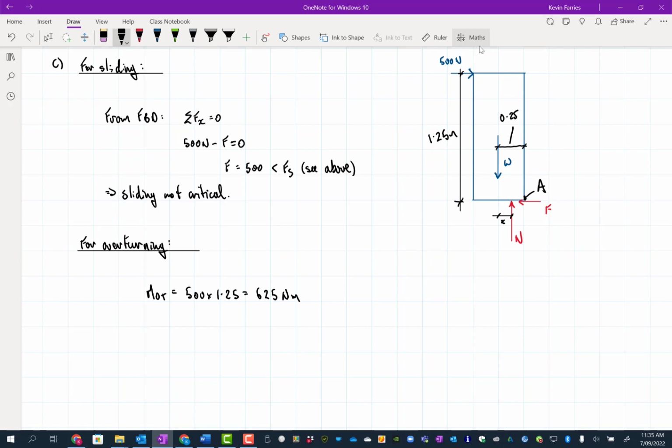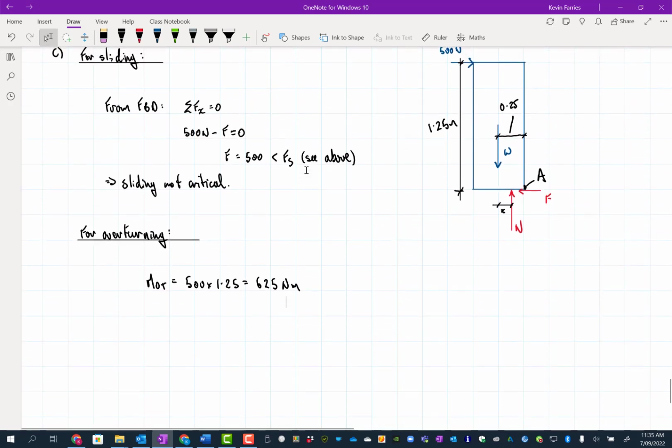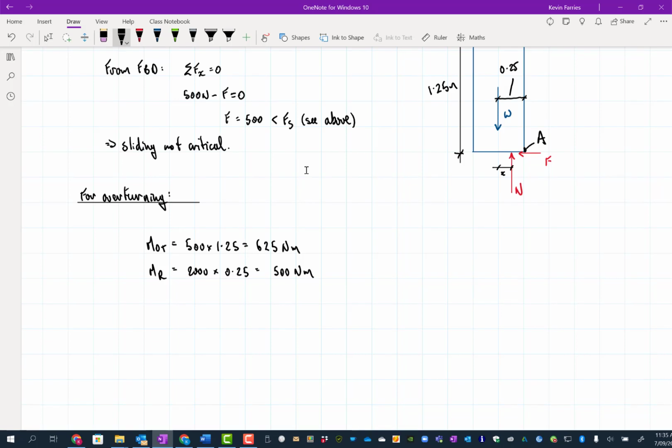Double check that. 500 times 1.25, 625 Newton meters. The restoring moment is equal to 2000 times 0.25, which equals 500 Newton meters. So we have MOT, the overturning moment, is greater than the restoring moment.